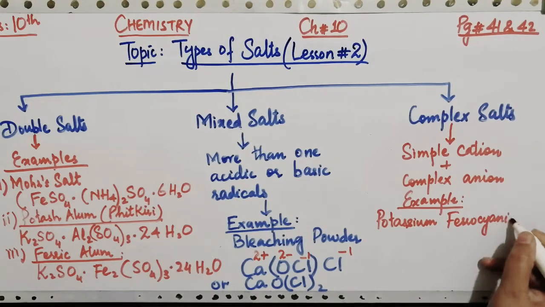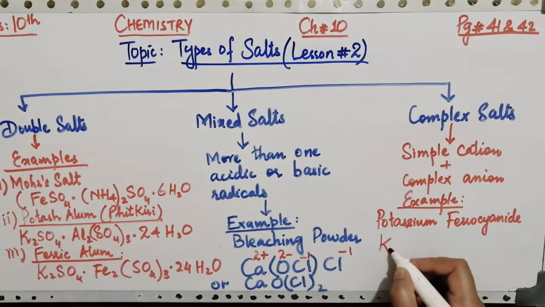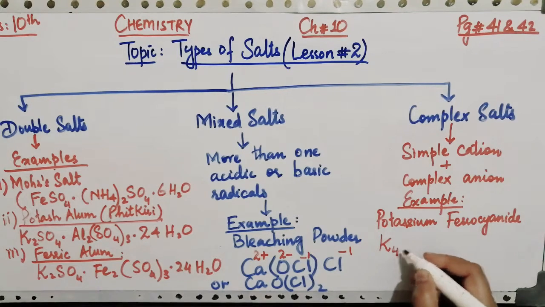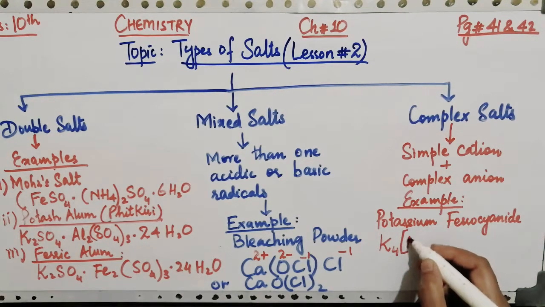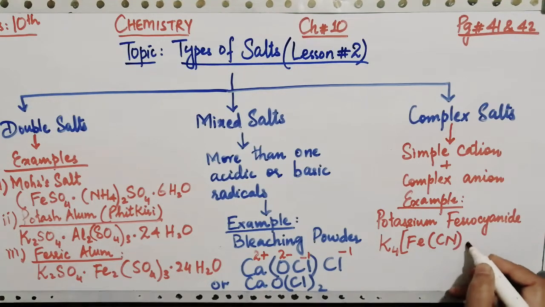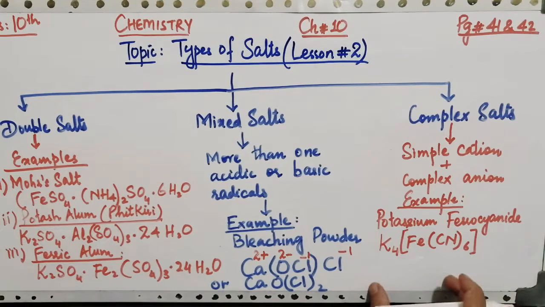The formula unit of this salt is K4[Fe(CN)6].